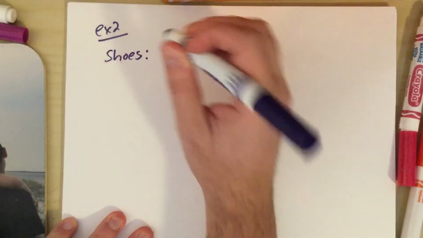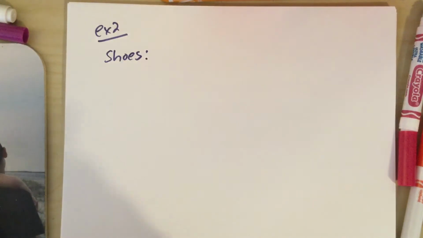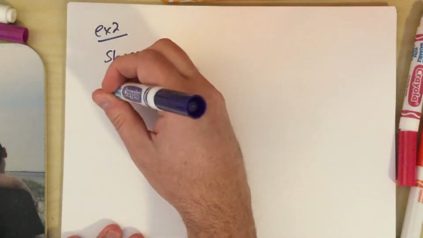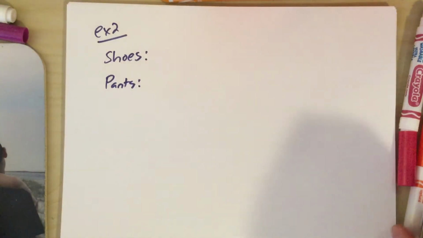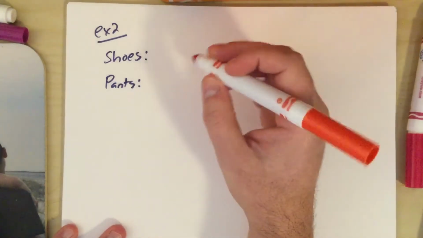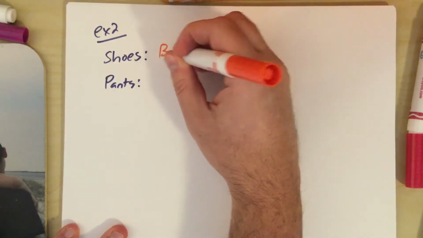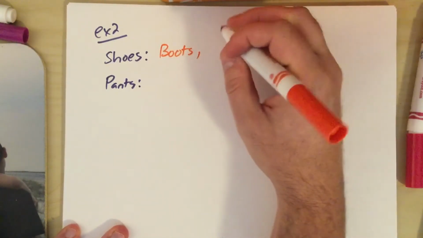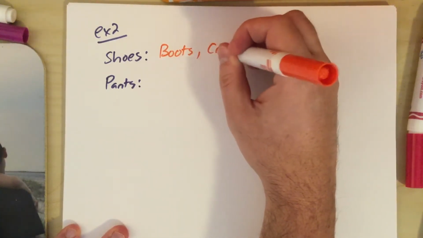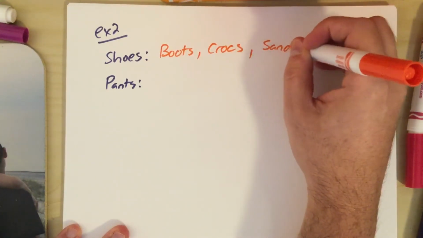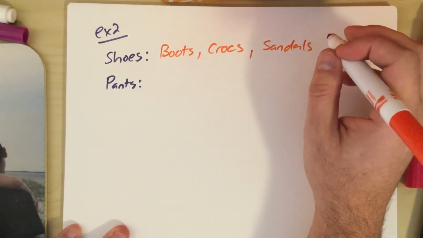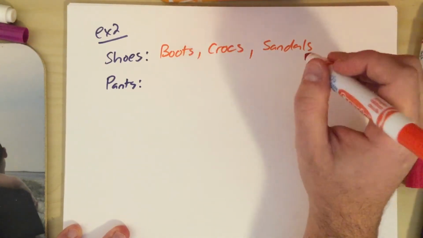So let's say we're going to have shoes. So we're going to have shoes and we're going to have different types of pants. So the shoes would be boots, Crocs, sandals, or we'll just stop with that.